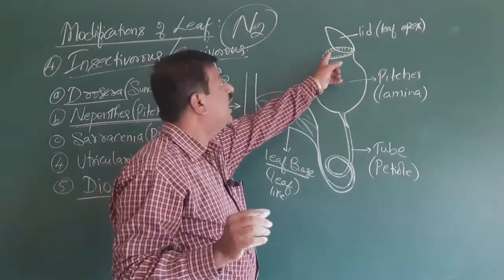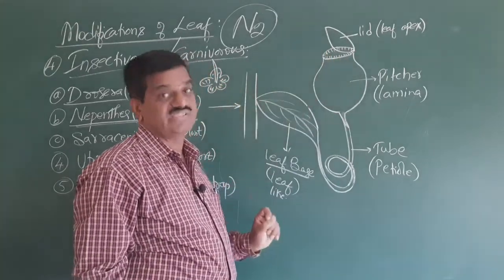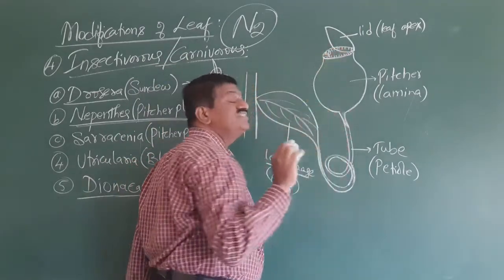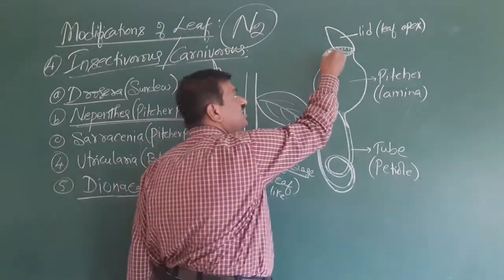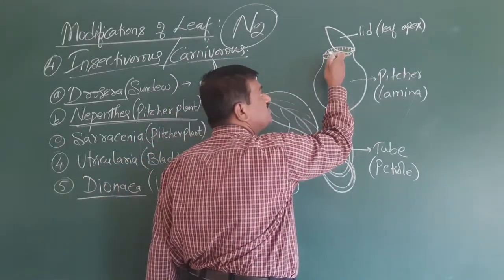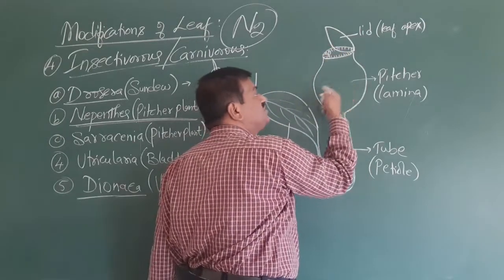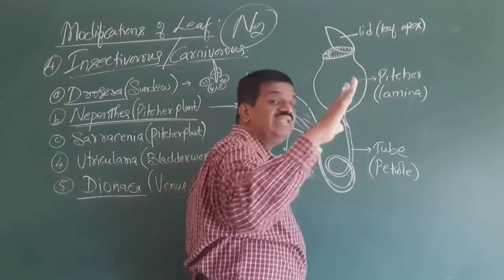Here at the opening of this pitcher, there is the presence of sensory hairs. When an insect comes and touches the sensory hairs, immediately the lid is closed. Once the fly comes and touches the sensory hairs, or when they directly enter the pitcher and touch the inner wall of the pitcher, immediately sensation takes place and the lid is closed.